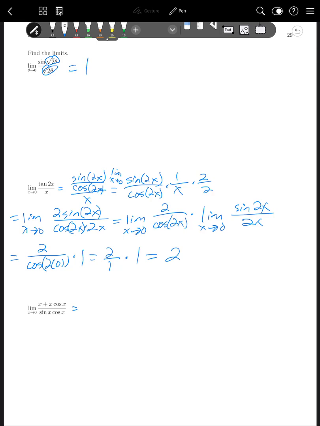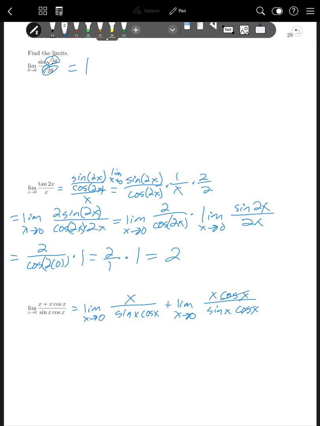So since I'm dividing by sine x for both, I can break it up. So this is the limit as x approaches 0 of x over sine x cosine x plus the limit as x approaches 0 of x cosine x over sine x cosine x.